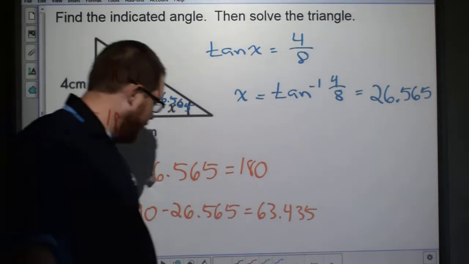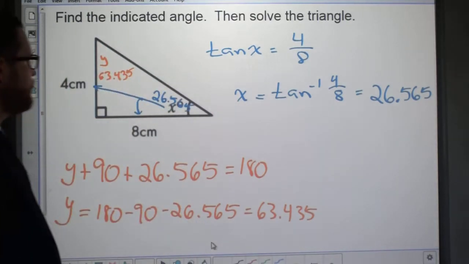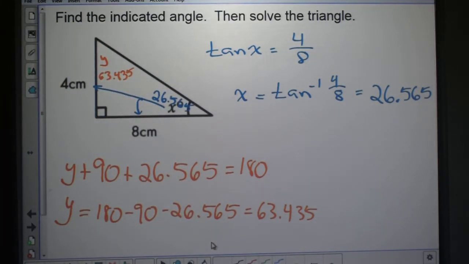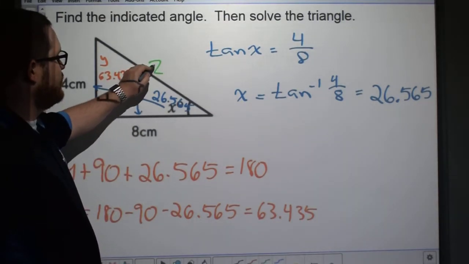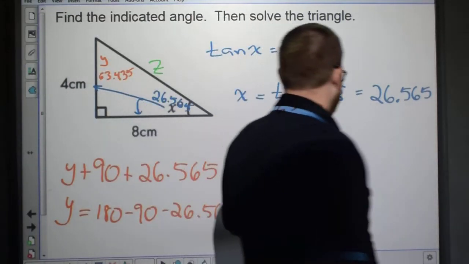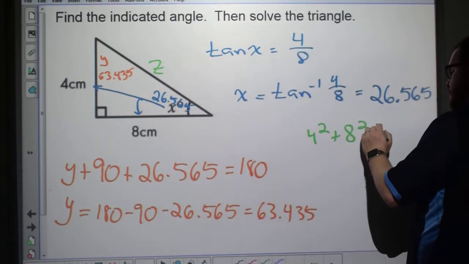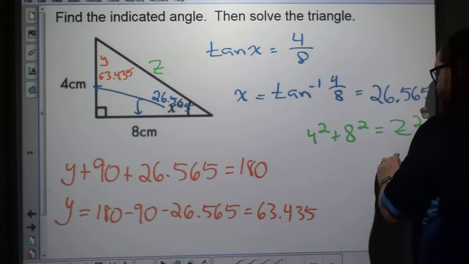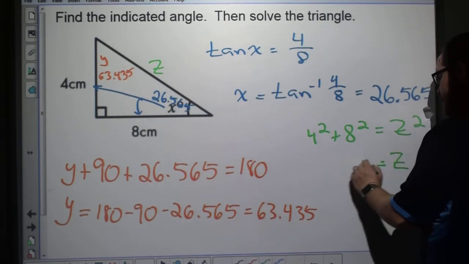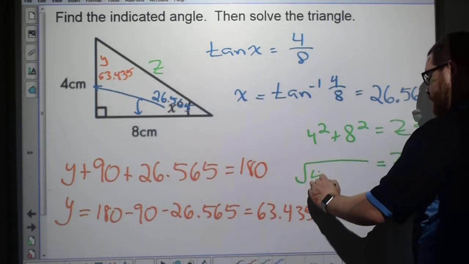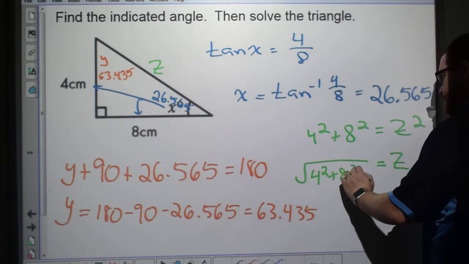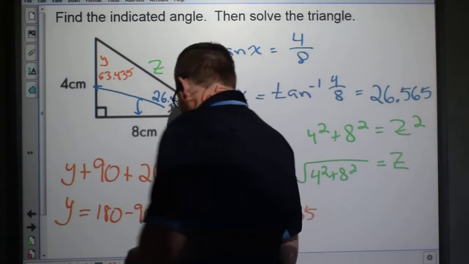But I have one more thing to solve if I'm trying to solve the triangle. I found all three angles, but I still only have two sides. To find the third side, I'll call it z. I'm going to use Pythagorean theorem. So I know that 4 squared plus 8 squared equals z squared. So z has to equal the square root of 4 squared plus 8 squared. Let's use our calculator there.